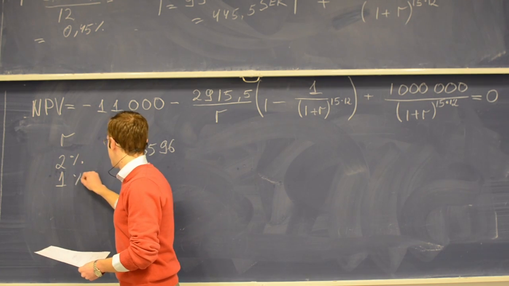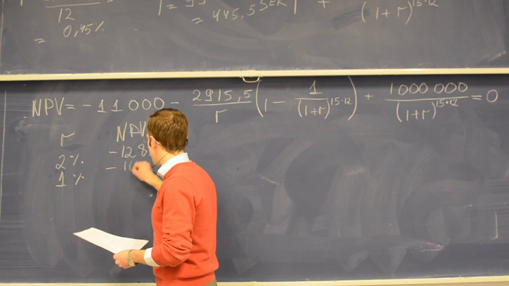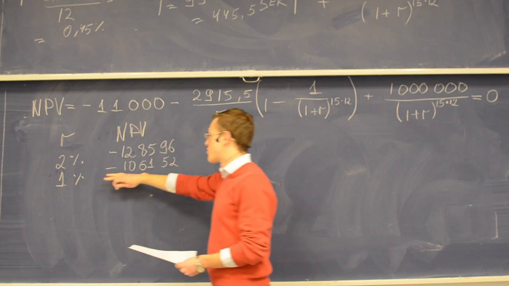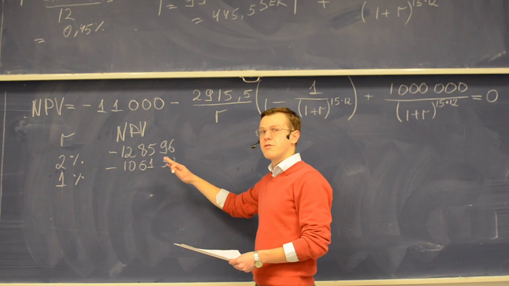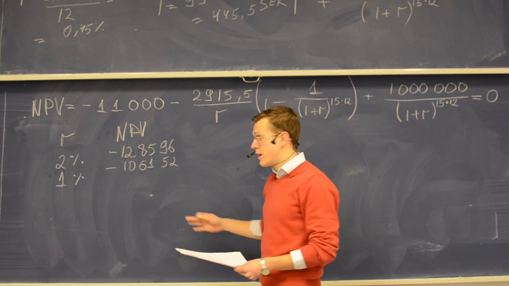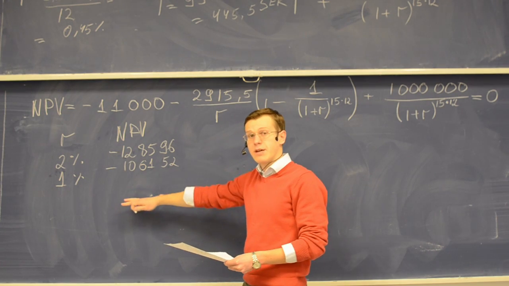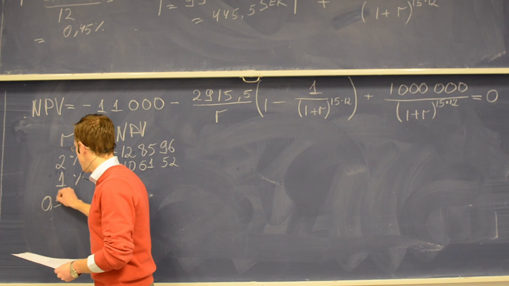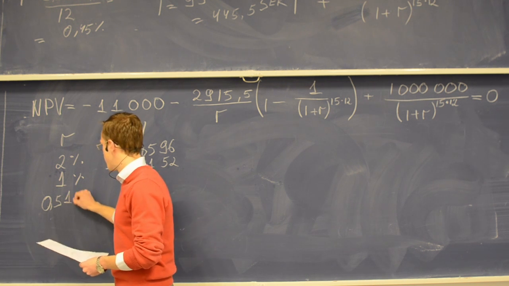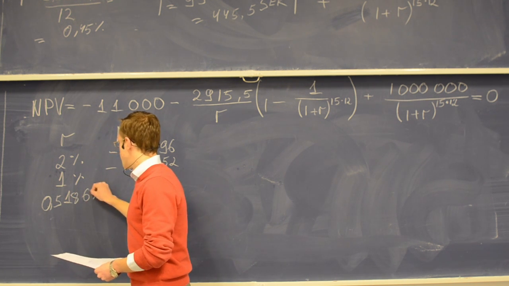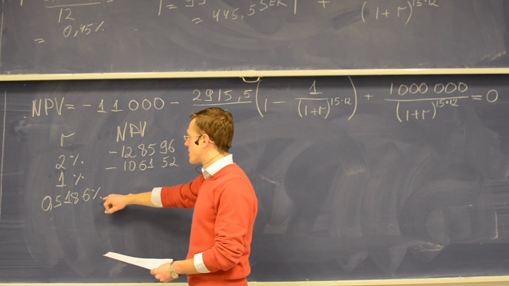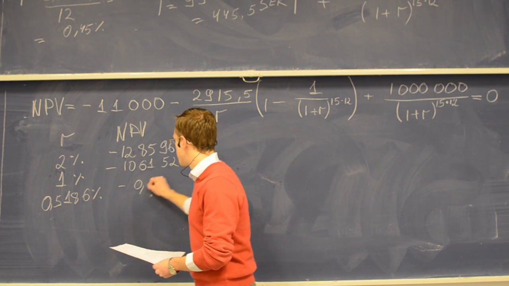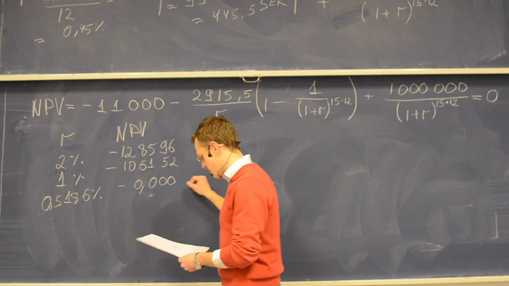Then if you apply 1%, you get minus 10.6152, which is much closer to 0, but still not low enough. And when you go down, down, down, you will find that the actual internal rate of return would be equal to 0.5186, which leads to an NPV pretty close to 0.